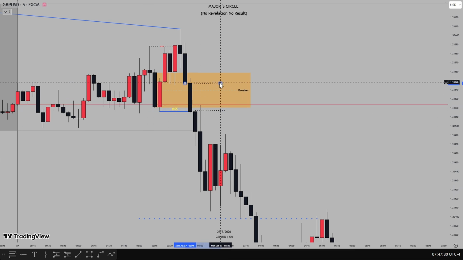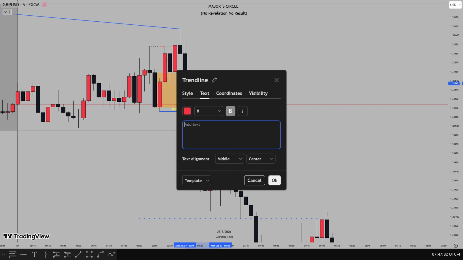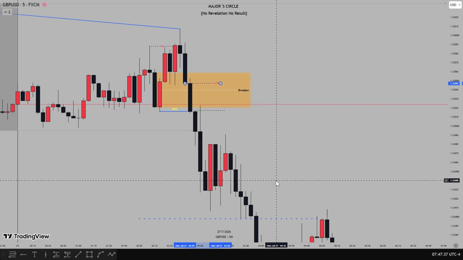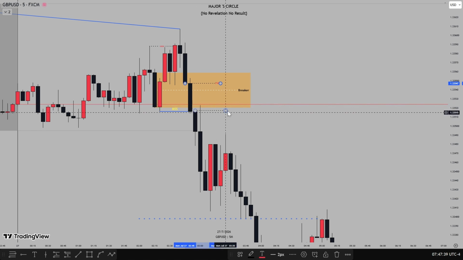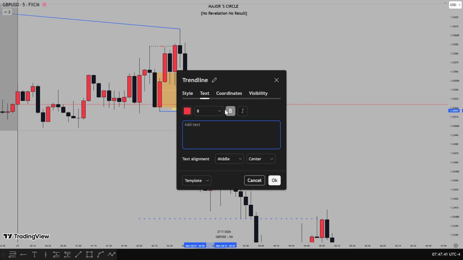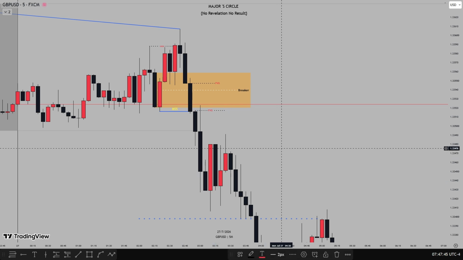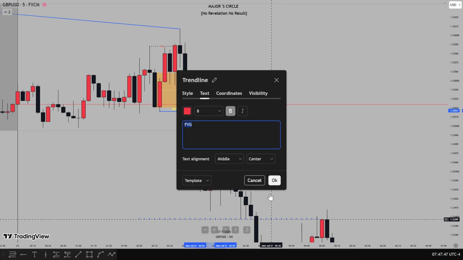This was the fair value gap, which also presented itself after the massive shift in structure here. That was all you needed to come up with a beautiful trade execution.